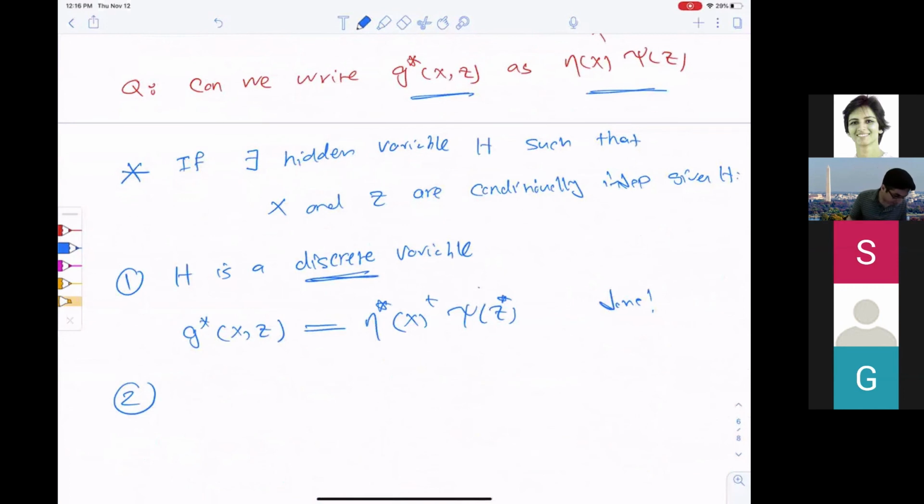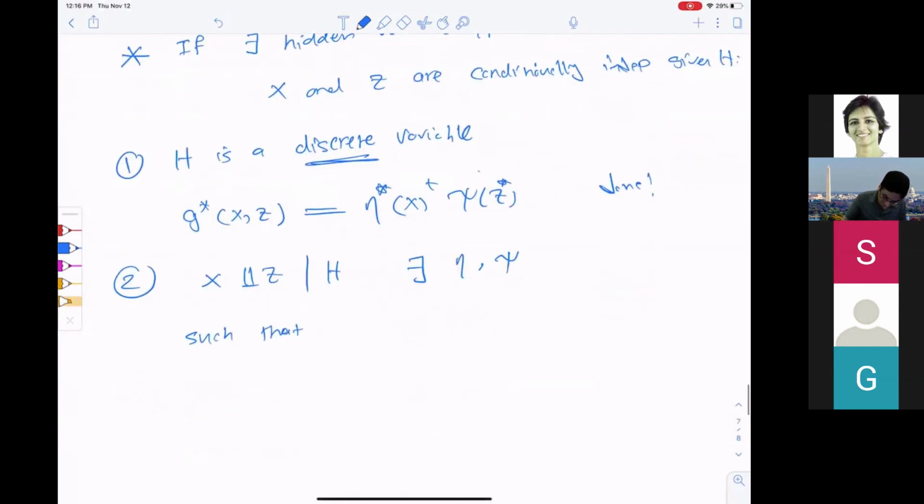But then discrete h is not a practical assumption. So they have another case where the assumption is that x and z, again, are independent from each other given h. H doesn't have to be discrete. They show, in fact, that there always exist eta and psi functions, embeddings, such that the assumption that we want holds. They're not constructing it, but they say they exist.